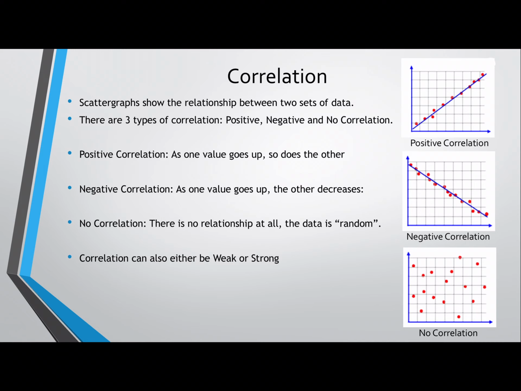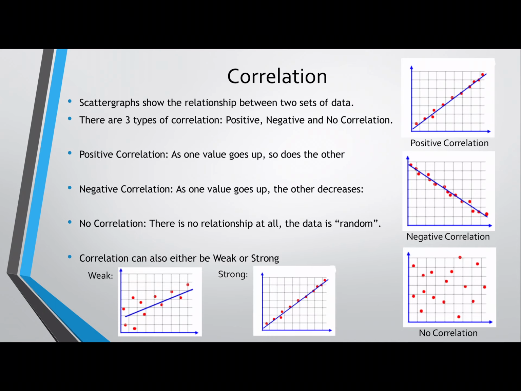The other thing we need to know about correlation is that it can be weak or strong. The positive and negative correlation ones I've shown are strong ones, but weak correlation is where all our dots are quite far spread out from the best fit line that we're drawing. Strong correlation is where everything's really close to the line of best fit.